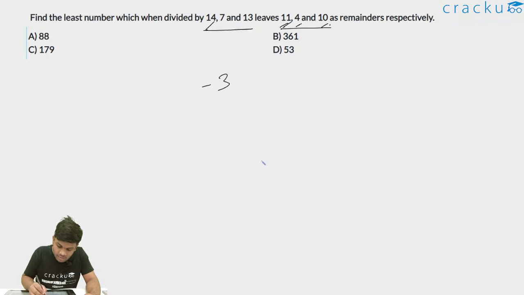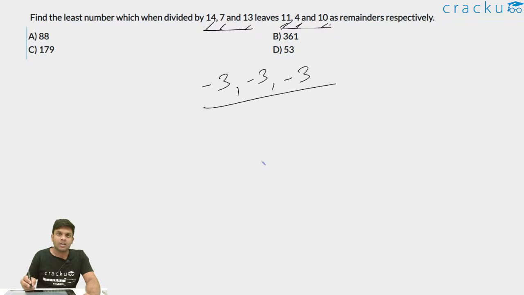Similarly, with 7, the remainder is 4, so we can say that it is also leaving a remainder of minus 3. Similarly, in 13, it is leaving a remainder of 10, so again, if you look at it, you will get minus 3. So now you are getting the same remainder from all the three numbers.